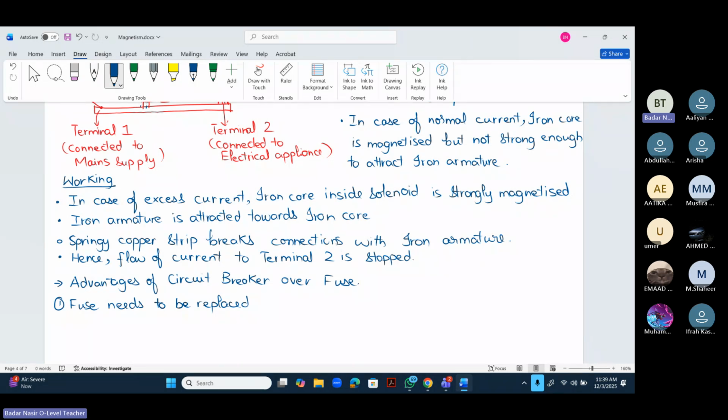So this is how it works. ठीक है, so fuse needs to be replaced while circuit breaker can be used again.